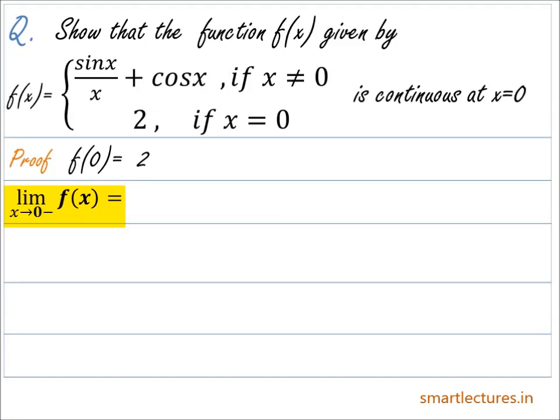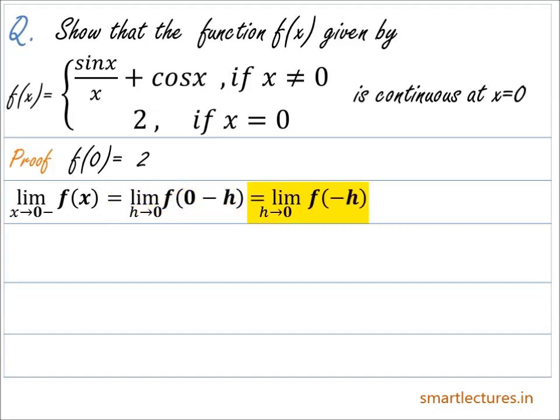Now in place of x we can also write 0 minus h, and when x approaches 0, then in that case h will approach 0. So now this limit can also be written as limit h approaches 0 f of 0 minus h, which is equal to limit h approaches 0 f of minus h.